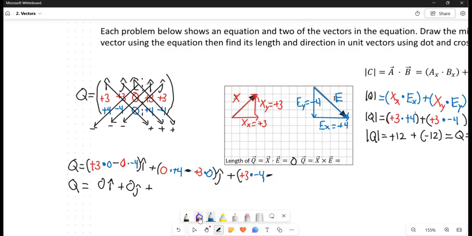Red is coming first. Positive 3 times positive 4. And this is for the k-hat direction.